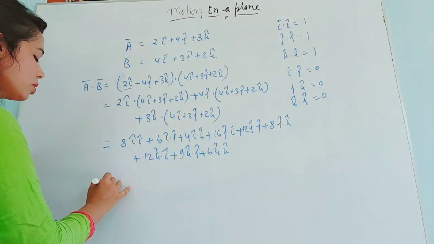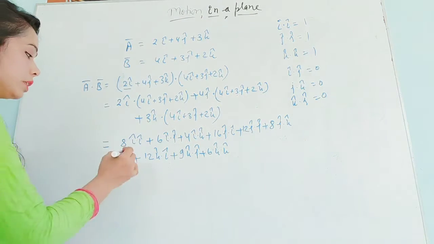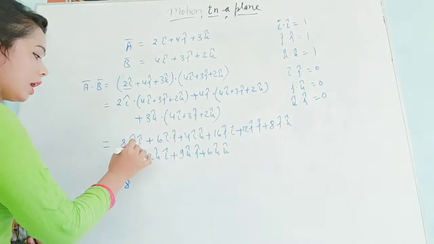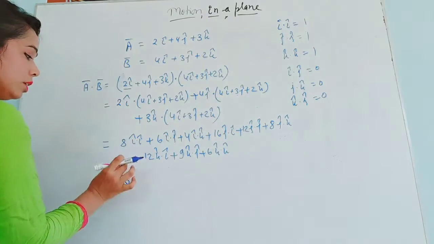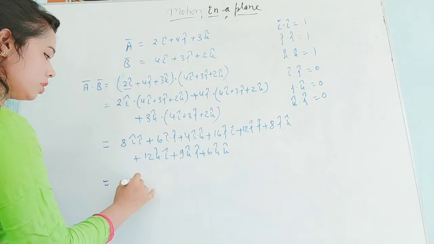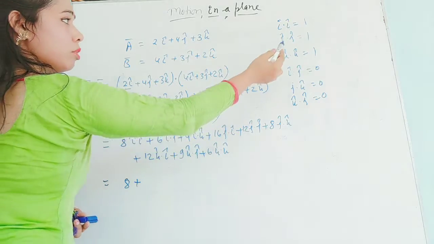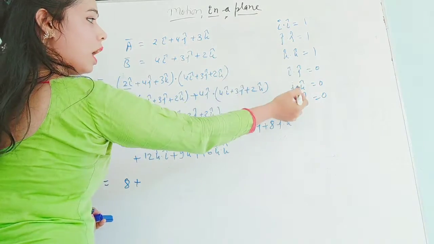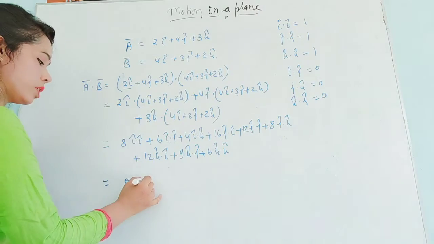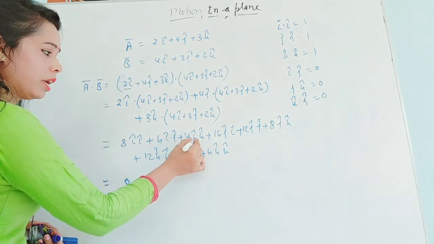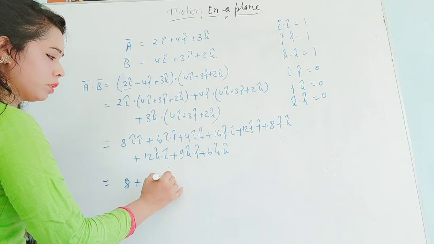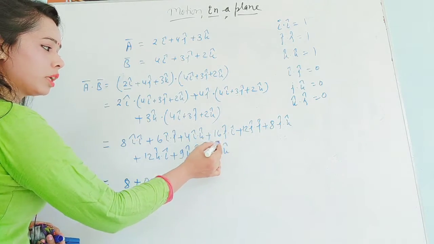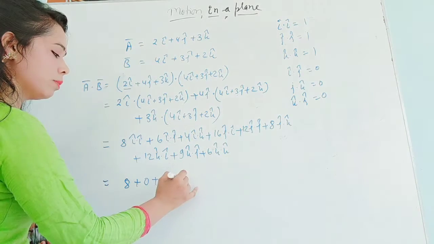So I dot I is 1, so 1 into 8, that is 8. Now I dot j equals 0, so this term will be 0. I dot k is different, so it will also be 0. j dot I is also different, so that will also be 0.